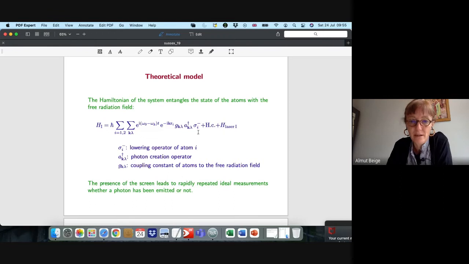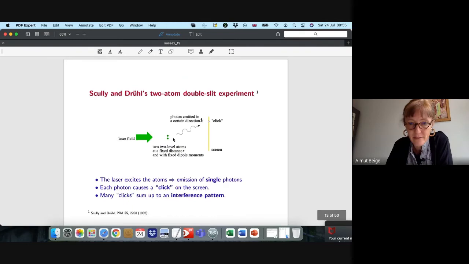That means both atoms generate excitation in the radiation field, and it's only when the light arrives at the screen that a measurement is performed, whether there is a photon click or not. So up to there, you have to think of the light that's coming from the atoms really as waves, and those waves from the two atoms interfere.